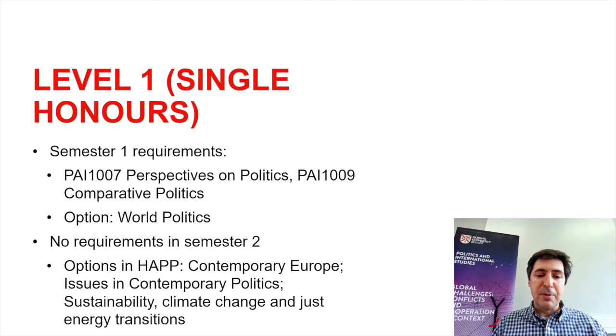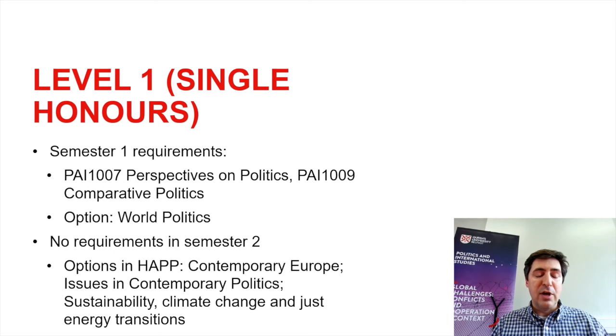One of those is Contemporary Europe, which deals with the history and politics of Europe since the end of the Second World War. Another is Issues in Contemporary Politics, which talks about a range of different topics. The contents change from year to year, designed to show how the content that you're learning on various modules relates to real-world contemporary events.